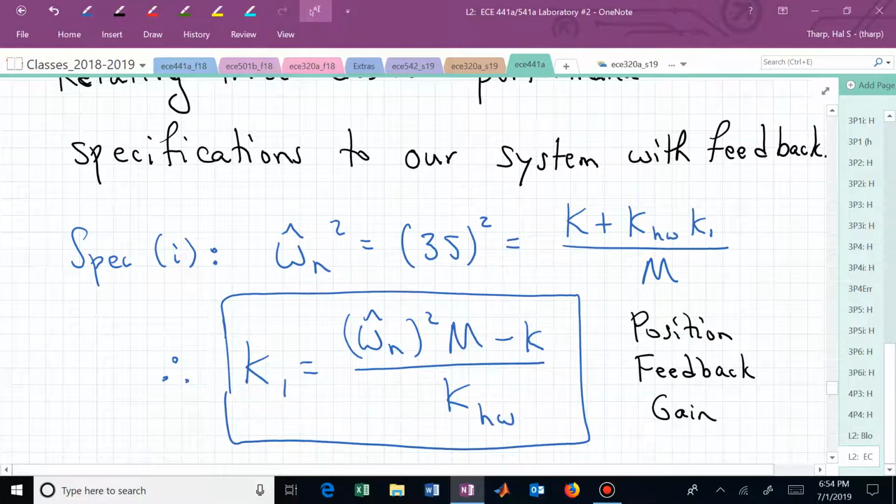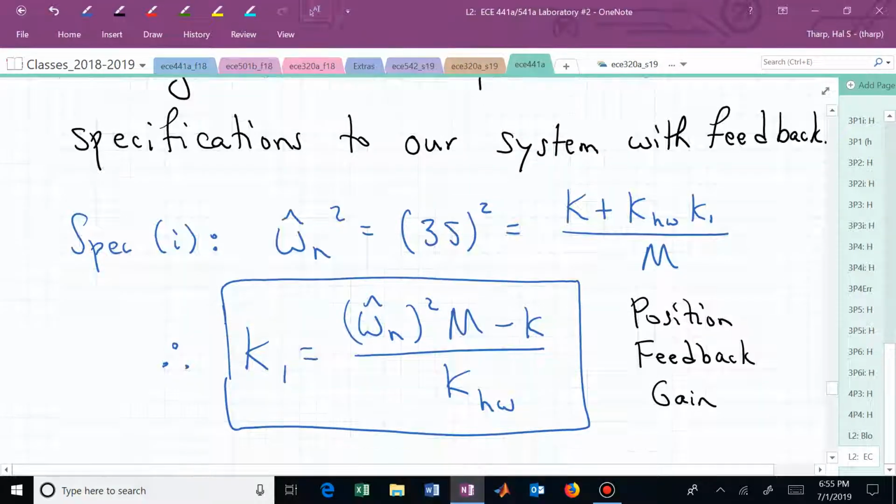Solve for K1. K was our spring constant, M is our mass, K hardware we found from lab 1. We're now introducing a new natural frequency of 35. We square that, and we can now solve for this position feedback gain, K sub 1.